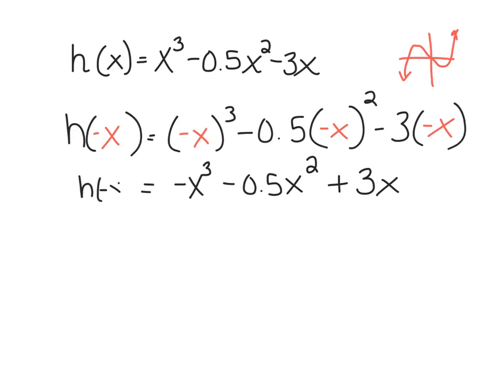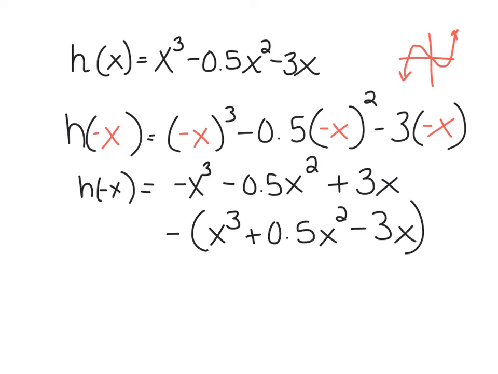Now, how does this compare? Well, it's not identical to what I started with. Let's see if it's the complete opposite. Well, did every sign change? No, the first and last did, but the middle did not. So even if I factor out a negative this time, x cubed plus 0.5x squared minus 3x, does that equal what I started with?